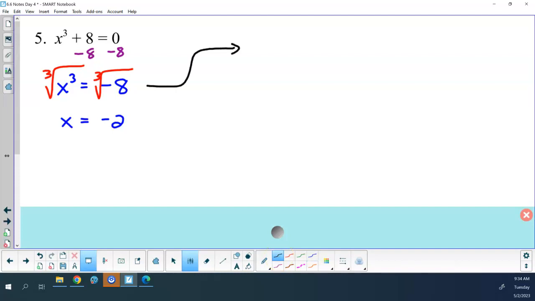Let me scroll down a little bit on my cheaters. Yep, there we go. So by taking the third root here, that's really saying that x is equal to negative 8 to the 1/3 power.